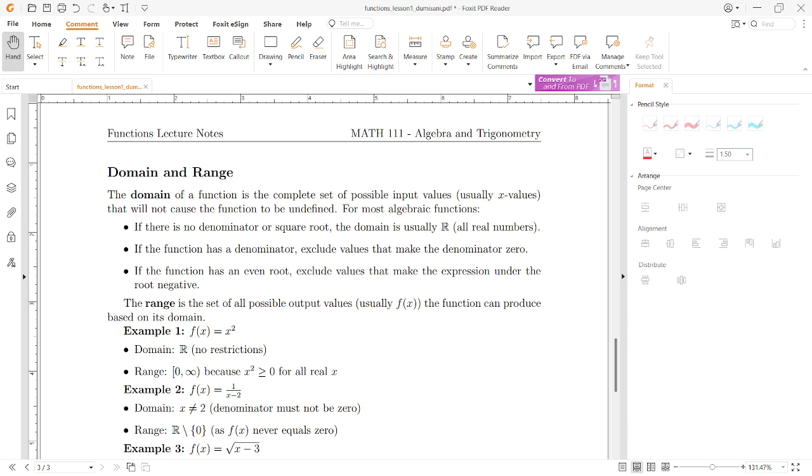And the domain should contain only values that will make sure a function is always defined. So values that are always giving us a function that is defined.